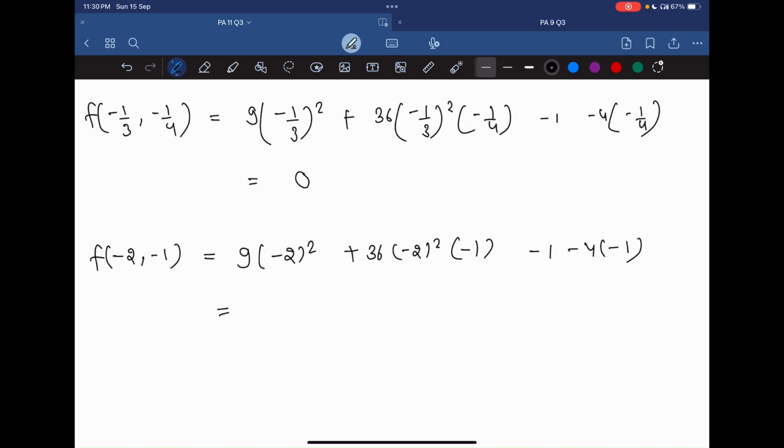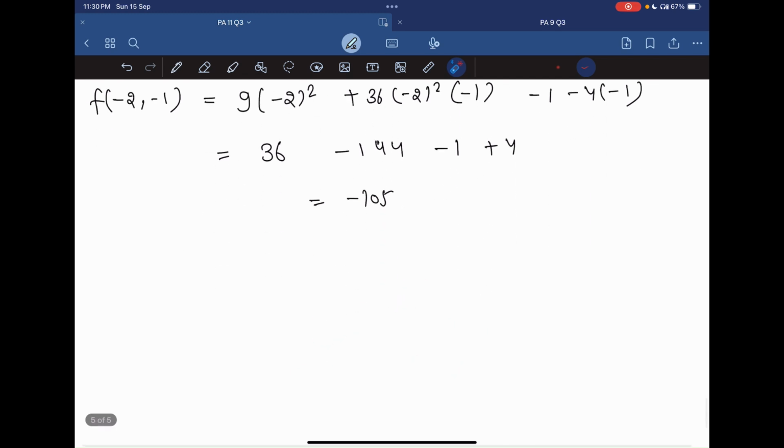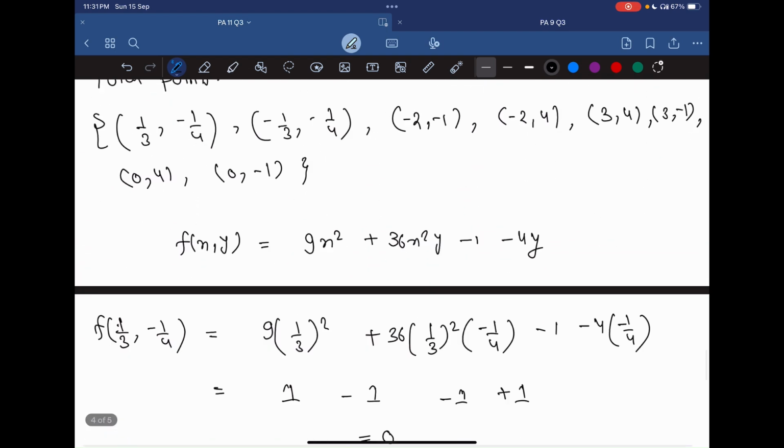Okay, negative 144 plus 4 minus 105. So this is the value that we will get at minus 2 comma minus 1. Now let's check it at minus 2 comma 4.